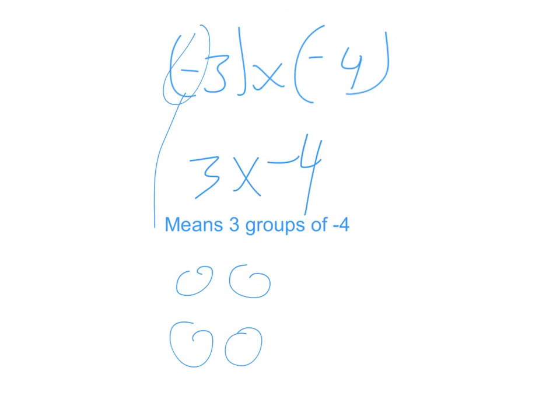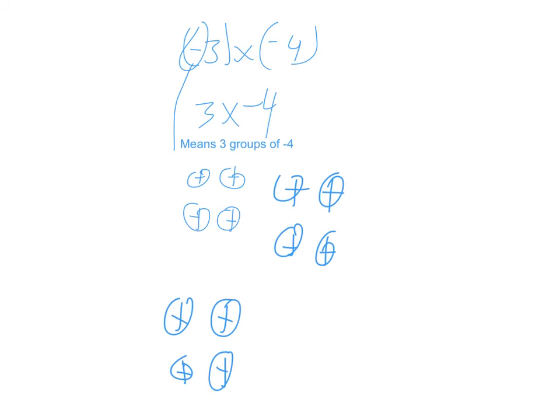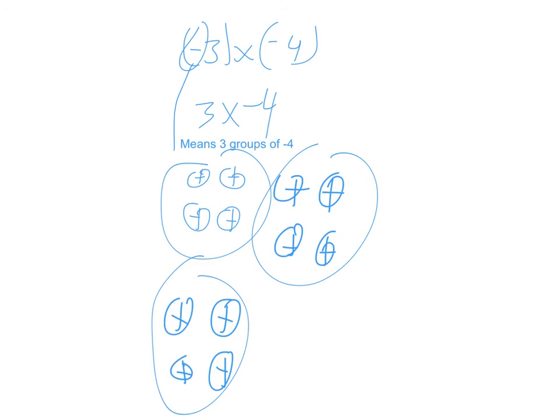Well, the opposite of -4 would be +4, so each group would look like this. You end up with 3 groups of +4. That's going to be a total of 12, so -3 times -4 equals +12.